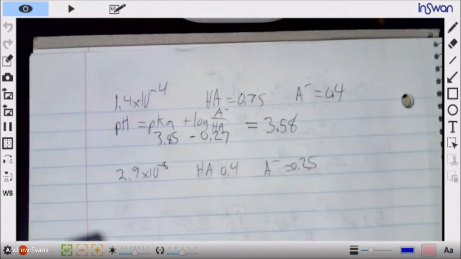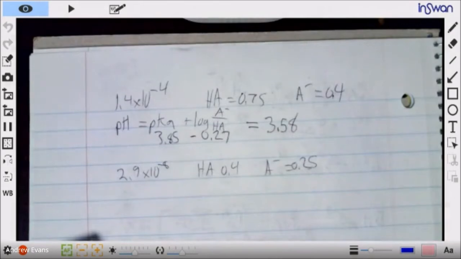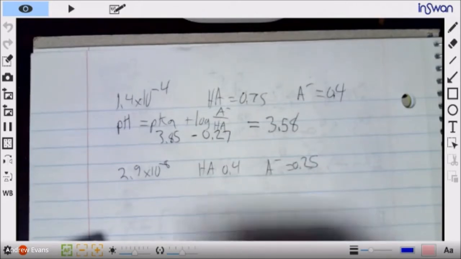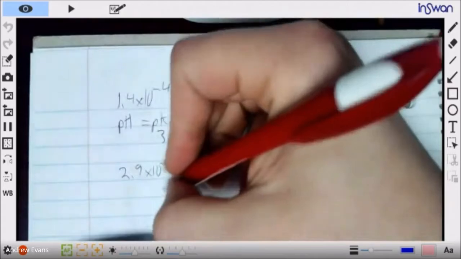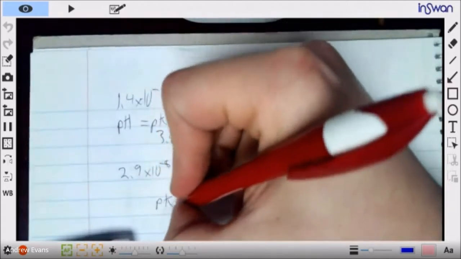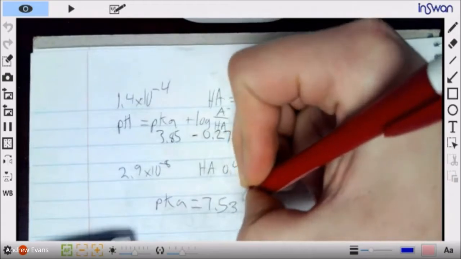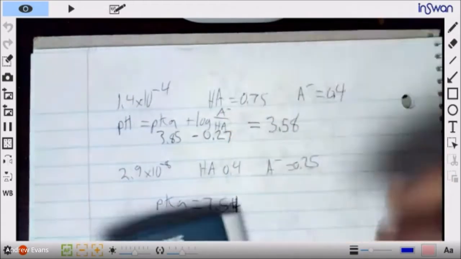So in the case of this one, pKa is 7.53. Let's say 7.54.